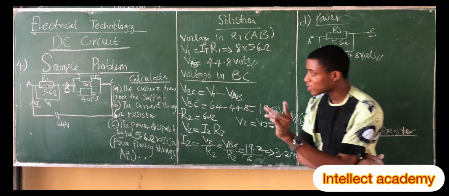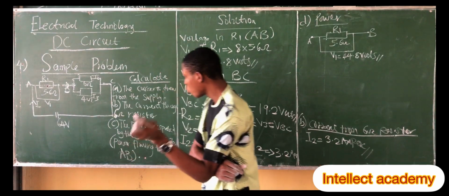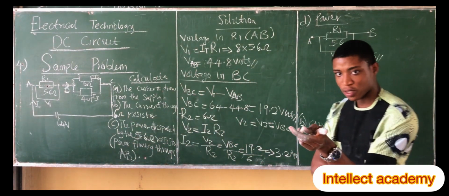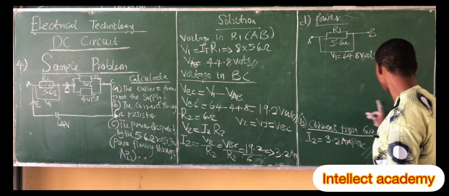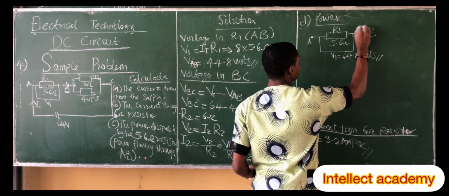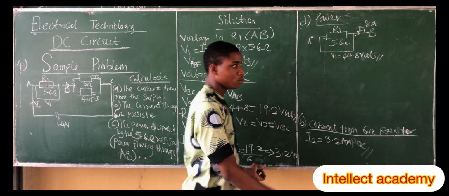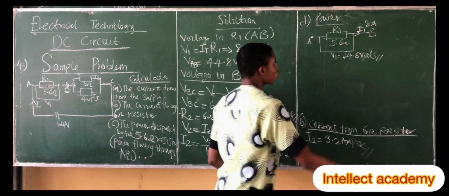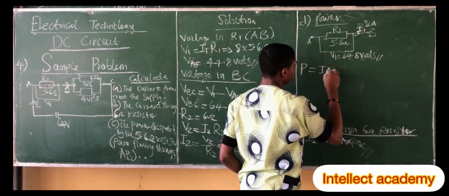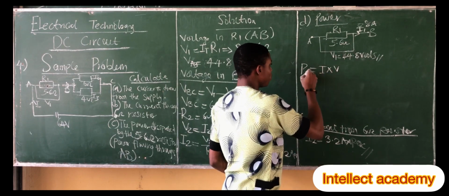Now, what is the value of the current? We say that for series connection, the current is equal. So what do we get as our value for the current? 8 amps. We just calculated this here, right? 8 amps. So therefore, the current flowing through this, I1, is equal to 8 amps. So therefore, we know that power is expressed as I multiplied by V. In this case, the power dissipated by the 5.6 ohms is P1.